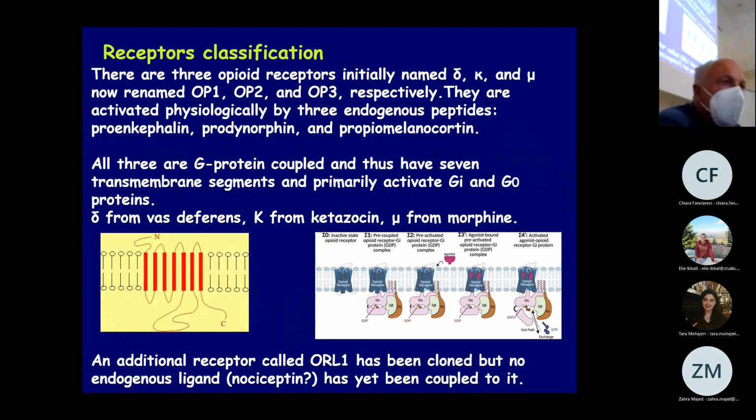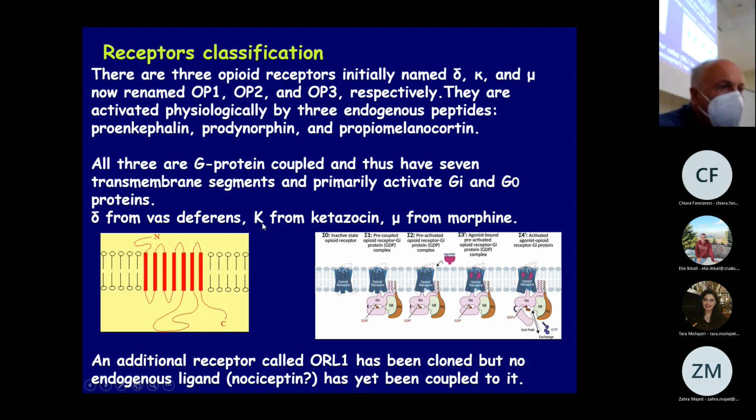This is the more recent classification. In the past, we defined these 3 subtypes as delta, kappa, and mu. These are Greek letters, if you know. Delta from vas deferens, because this subtype was found in the vas deferens of rats.